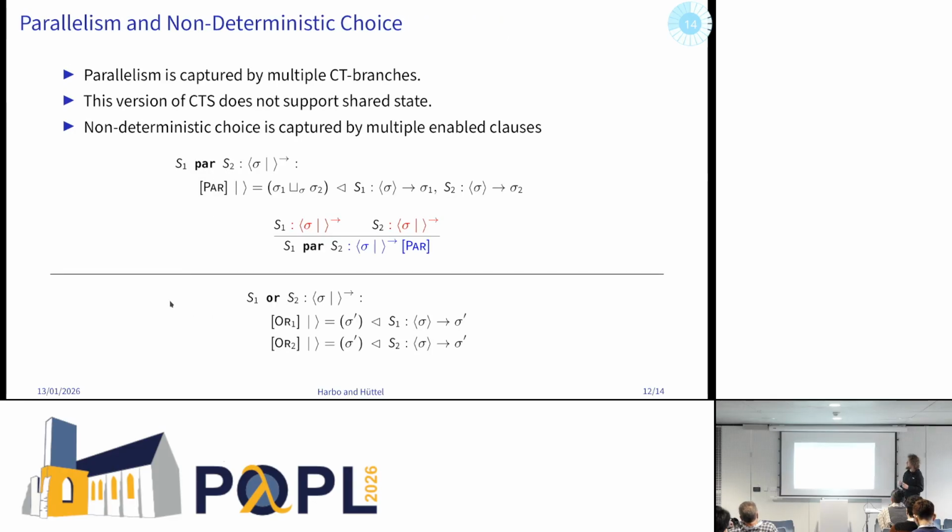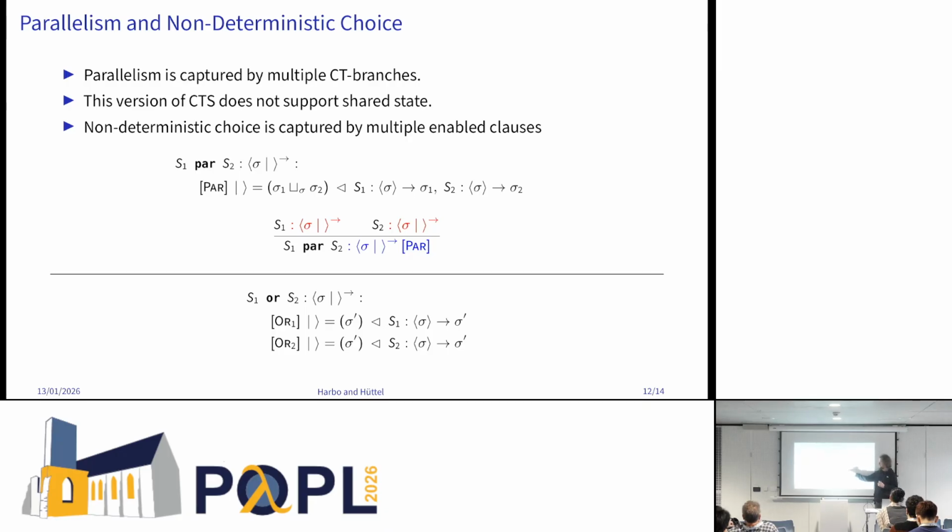Furthermore, we can also describe parallelism and non-deterministic choice with CTS. Parallelism can be described by having multiple judgments in a single clause, which translates into creating multiple branches in the computation tree, actually making an actual tree.